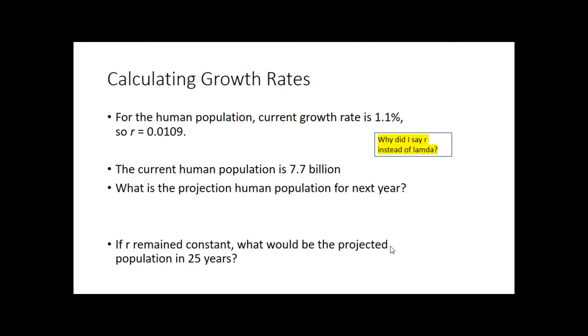And so we worked through an example in class for human populations. And so we have an R growth rate of 0.01. Why did we use R instead of lambda here?